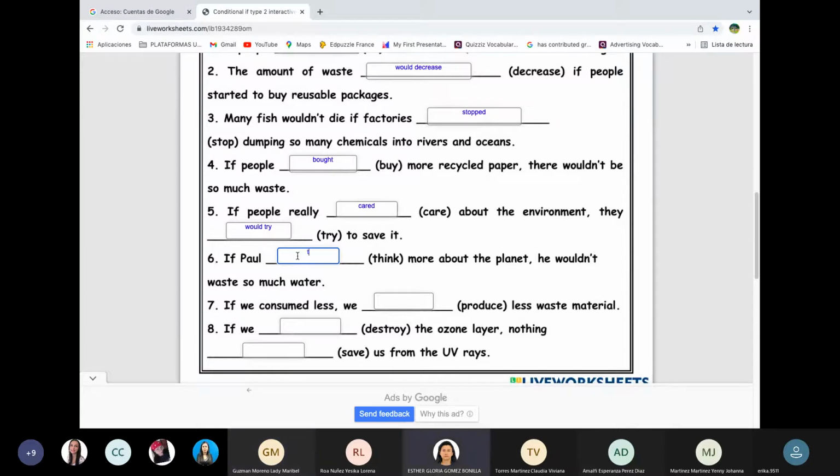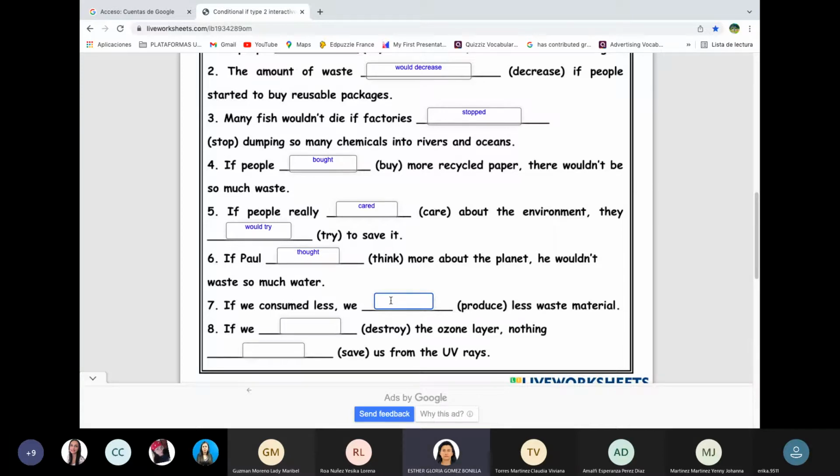Can you read the complete sentence, please? If Paul thought more about the planet, he wouldn't waste so much water. Very good. Next one.